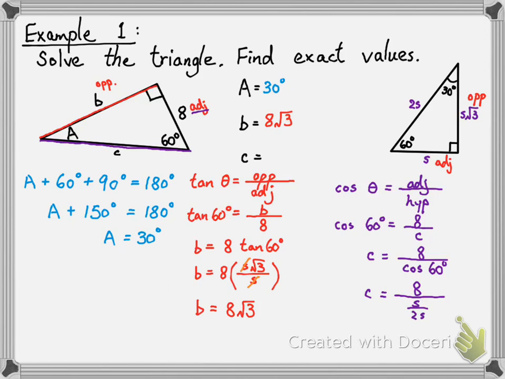As we simplify, we find that we have 8 divided by 1/2. 8 divided by 1/2 means 8 multiplied by its reciprocal. 8 times 2, which is 16, and therefore side C equals 16. Let's box the answer.